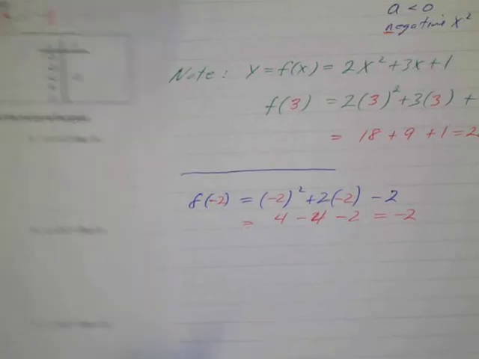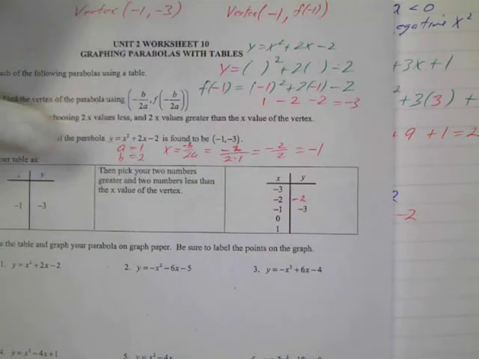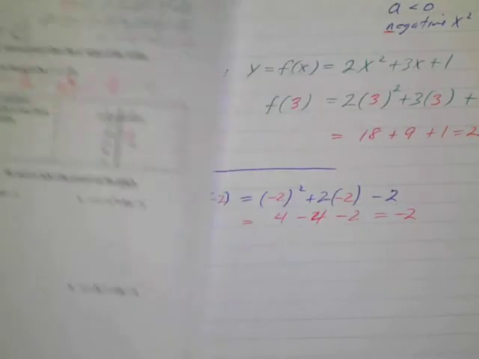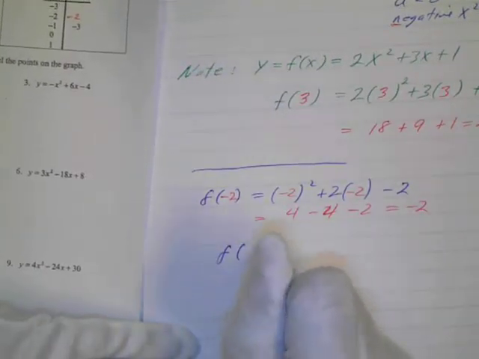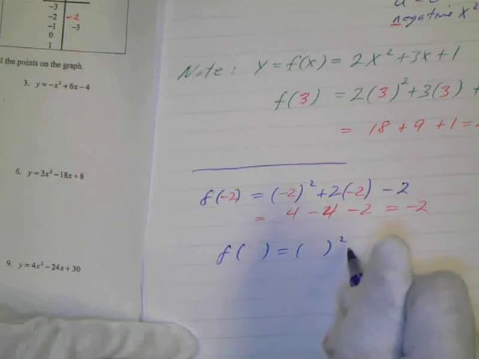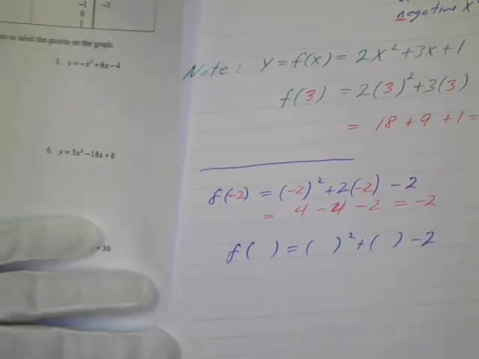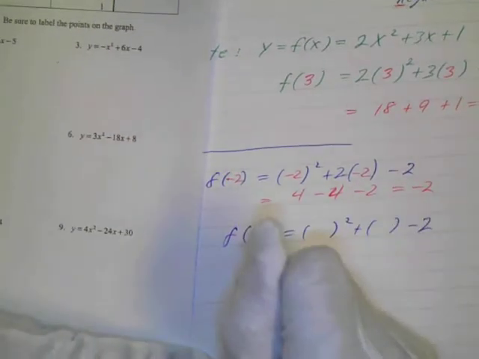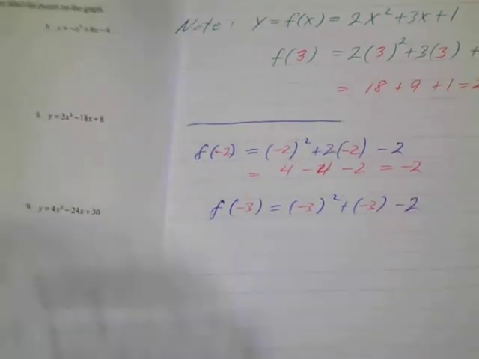So that means the point negative 2, negative 2 will be on the graph, so I'll just put my negative 2 in there. Now let me take f of negative 3. So every time I see an x, I'll put a negative 3, f of negative 3. And what's negative 3 squared?